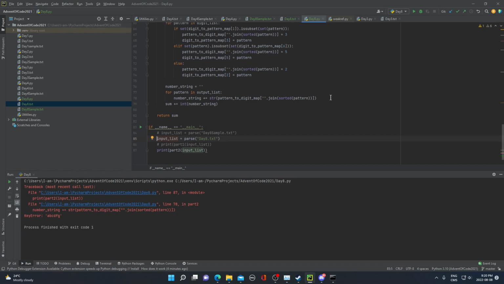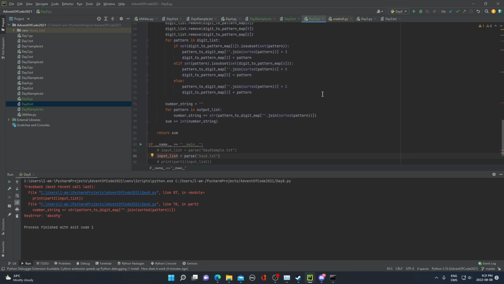No, what happened here? Wait, is this something from the instructions that I don't understand? It should work.